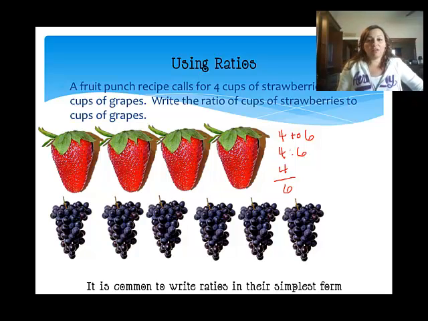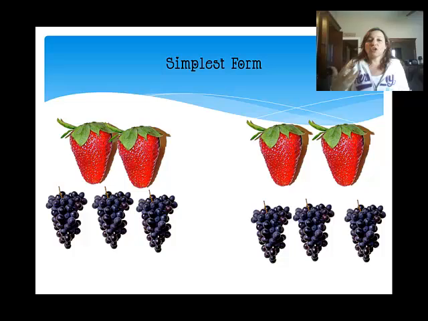One of the things to keep in mind when you're using ratios is it's common to write ratios in their simplest form. To create the simplest form of 4/6, to simplify that fraction, we would simply divide both the top and the bottom by the greatest common factor, which would give us 2/3. So that is the ratio in simplest form. When we do simplest form, we're actually creating groups.